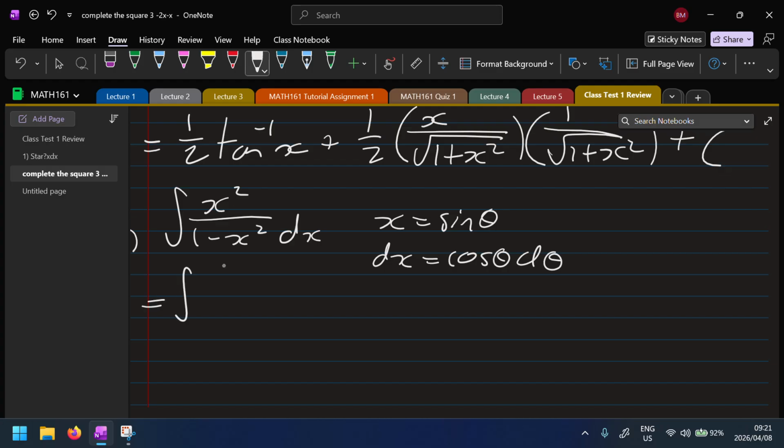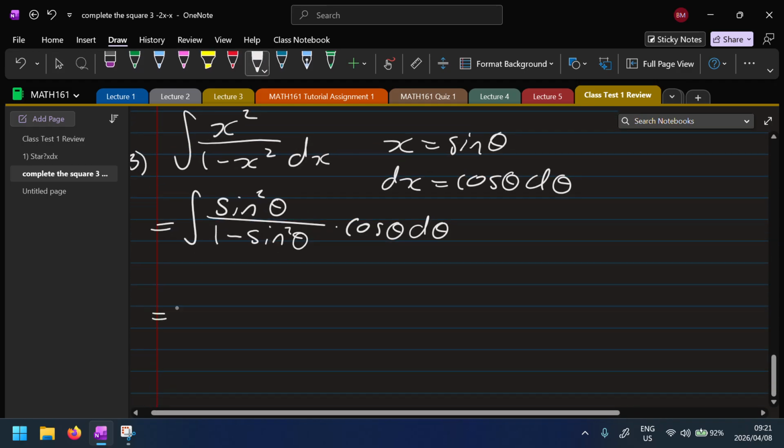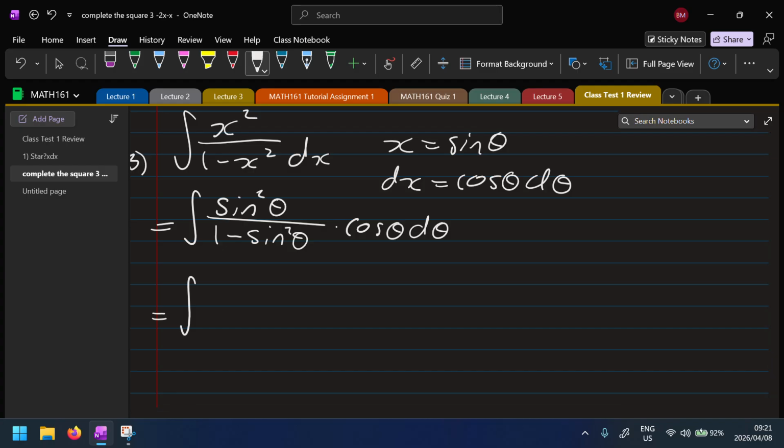So this will be integral x squared is sine squared, 1 minus x squared, so 1 minus sine squared, and then dx, that was cos. So 1 minus sine squared, the bottom we get cos squared, yep.